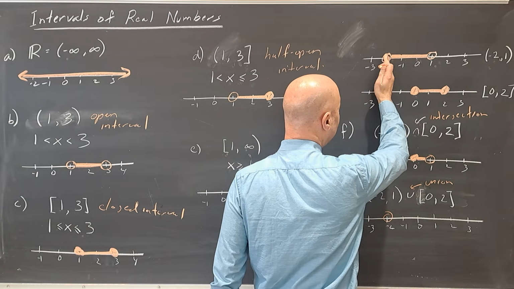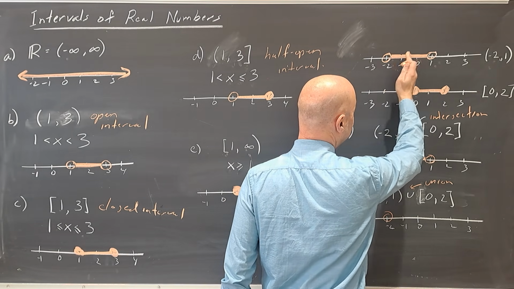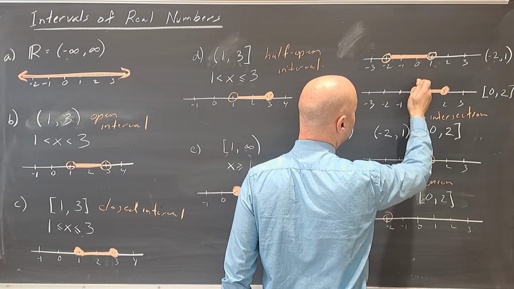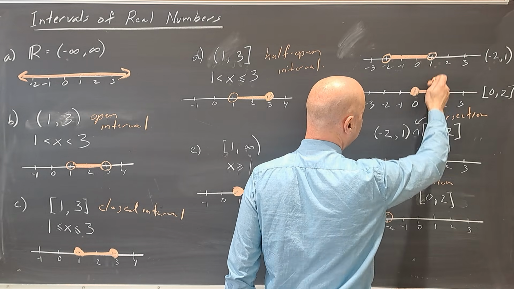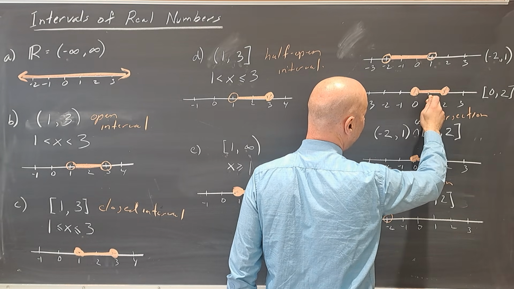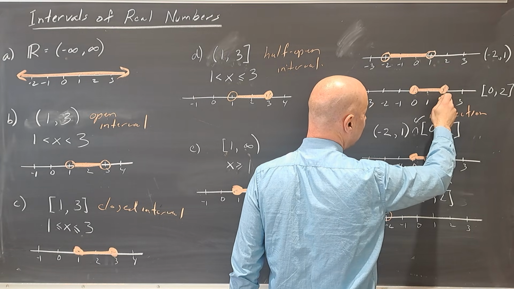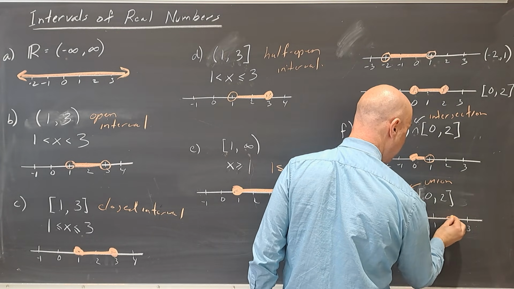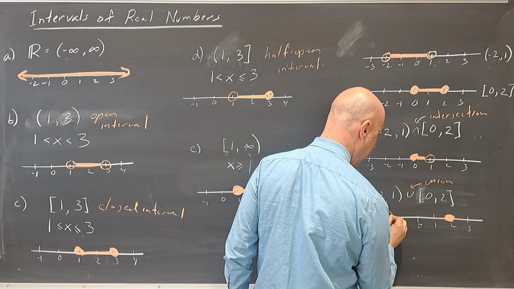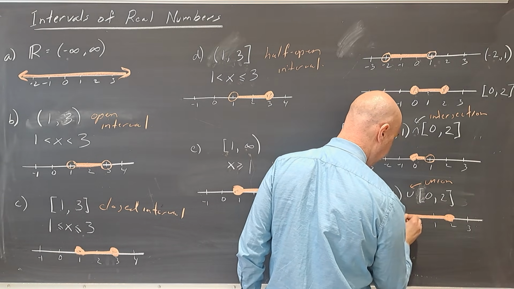But we do include stuff, so yes, yes, yes, it's in the first one. At 0 now we're in both. At 1 we're still in the second one. And 1.5 is still in the second one. We're still in the second one all the way up to 2. So we include everything from -2 to 2.